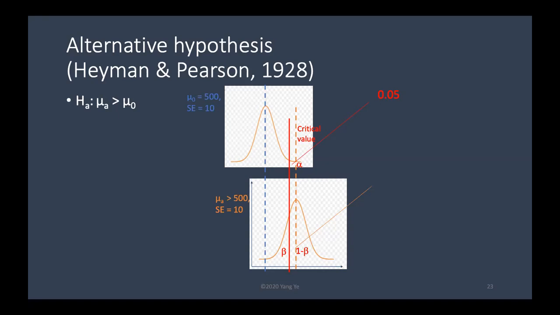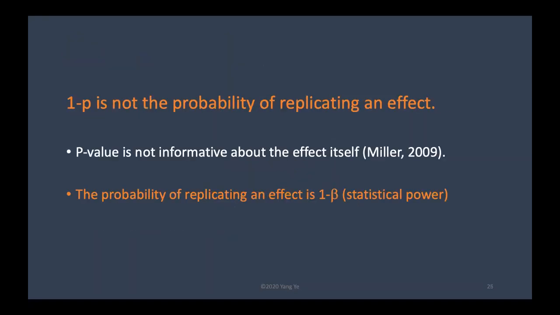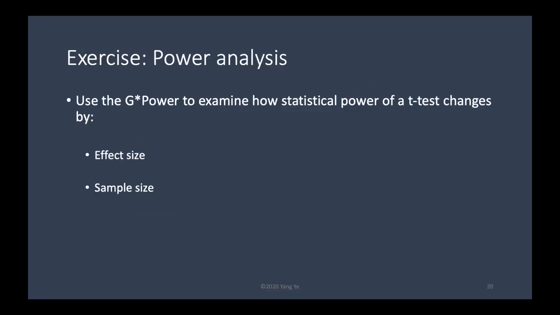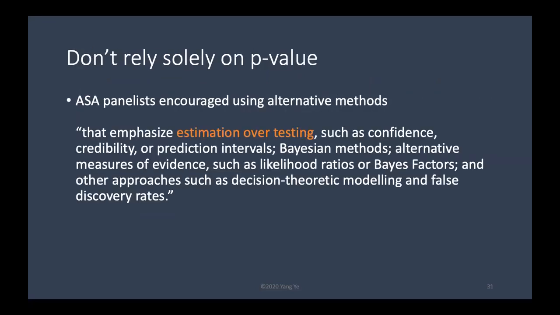So there are cases where you have to think about the p-value, but significance is not everything, right? As a result, the American Statistical Association actually encourages using alternative methods and not relying solely on significance testing.